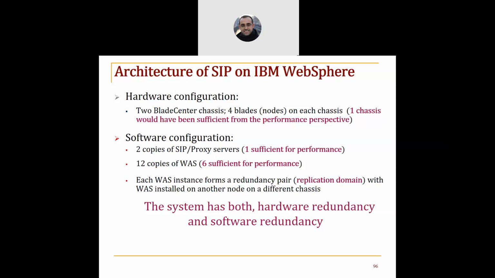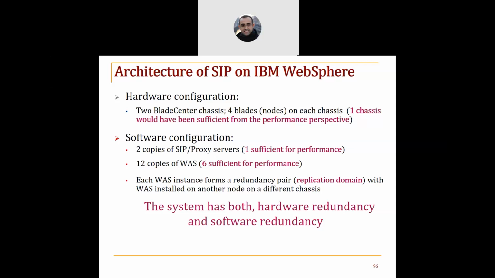But now let's pause for a minute. Hardware redundancy, we all know, means multiple identical copies, as in this case, 2 blade center chassis. But software redundancy, what do we know about software fault tolerance? In the 70s, when people started to worry about software fault tolerance, they quickly came to the conclusion that the kind of thing that we do in hardware will not suffice in software.